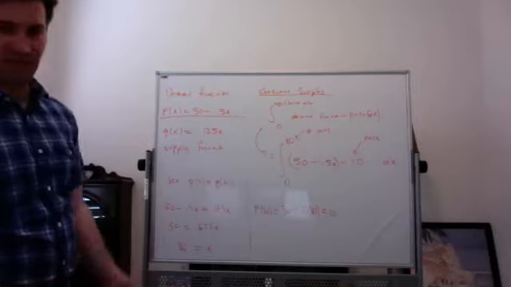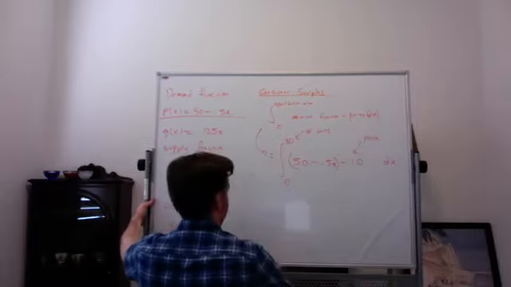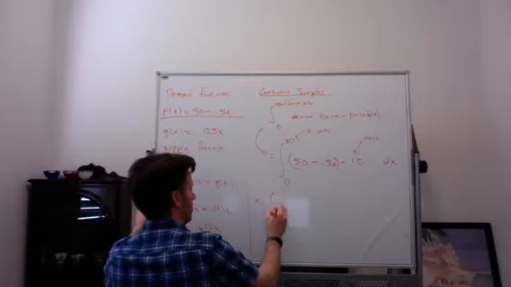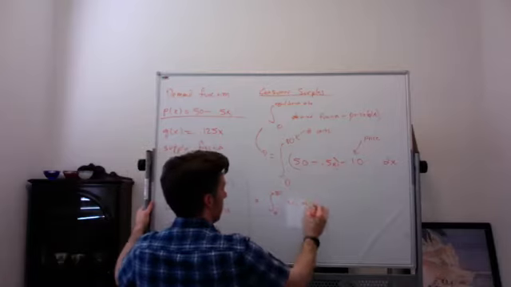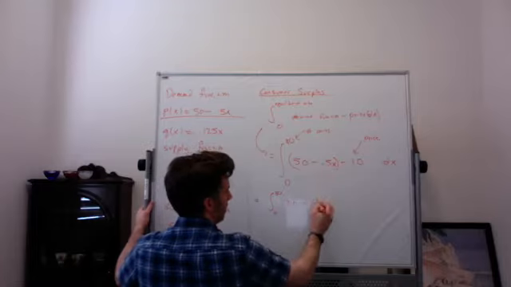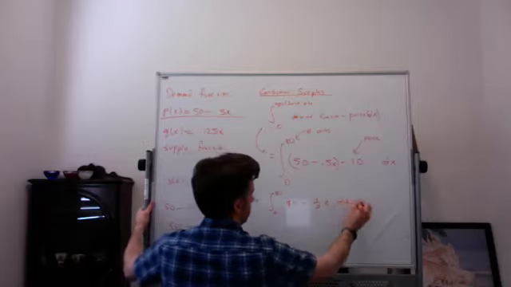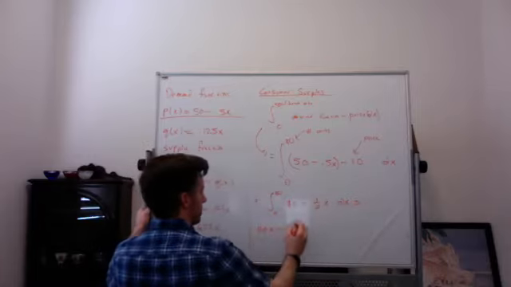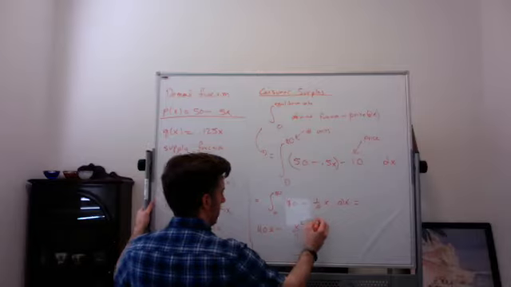And then the rest of it is integrating. The rest of this is not the hard part. I would simplify my integrand: the integral from 0 to 80 of 50 minus 10, which is 40, minus 1/2 x. And so I get 40x minus 1/2 x squared over 2, so x squared over 4, from 0 to 80.